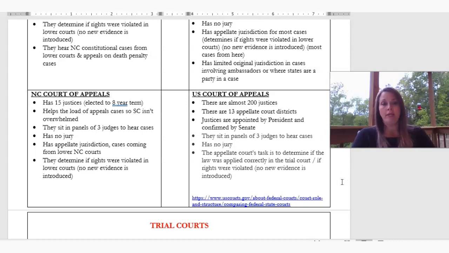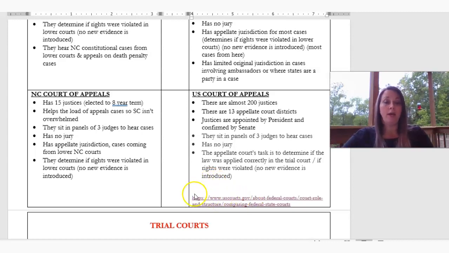Again, if your rights were violated. So there are 4 types of appeals courts, which I find fascinating here, to make sure your rights are not violated. That's how incredibly important it is that your rights are not violated in a criminal process or even a civil process.